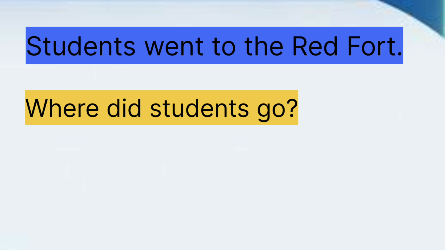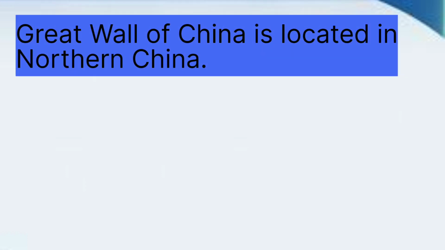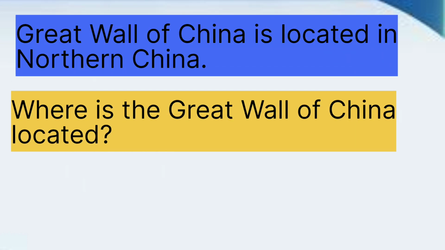Question mark. Next example: the Great Wall of China is located in northern China. The underlined part is northern China. So, the underlined part is all about location, that is place. So, here the appropriate WH word is where, as where is used to indicate place or location.